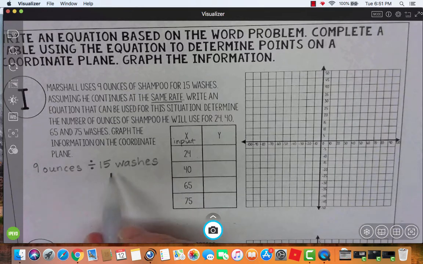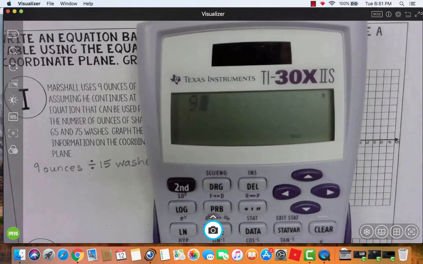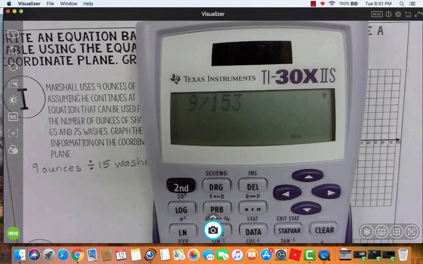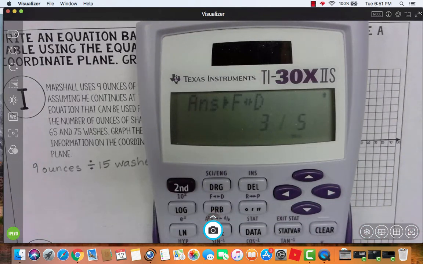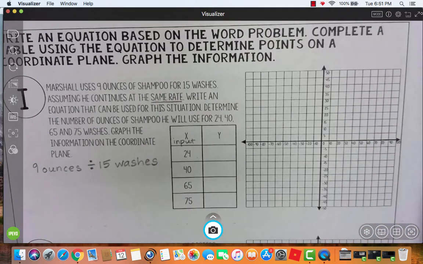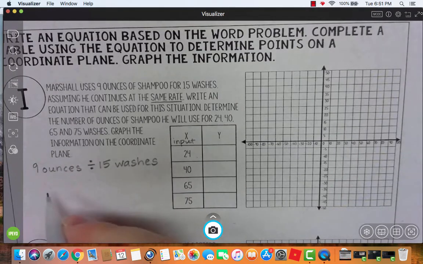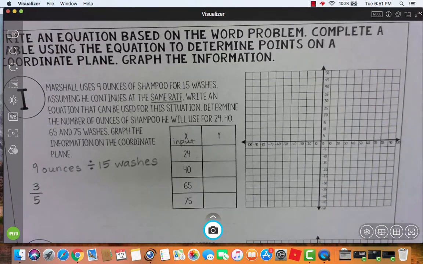I'm going to use my handy dandy calculator. 9 divided by 15 is 0.6, or I want to put it in a fraction. I like fractions today, so second fraction decimal, 3/5. So he uses 3/5 of an ounce per wash, okay?